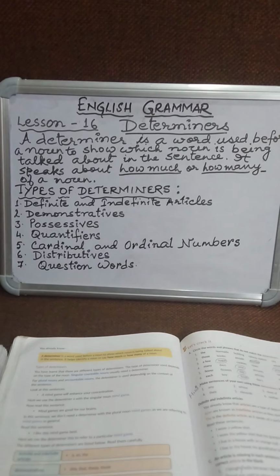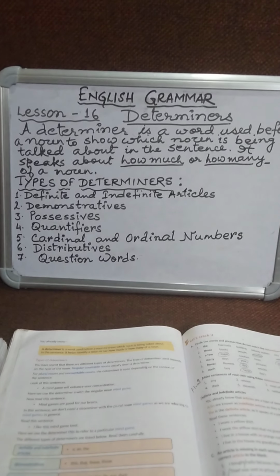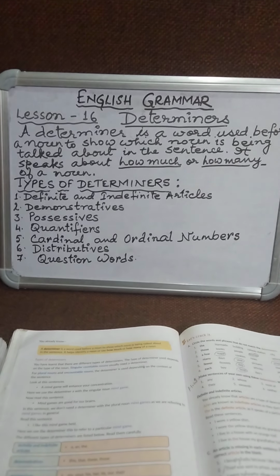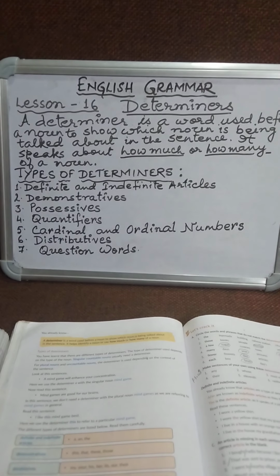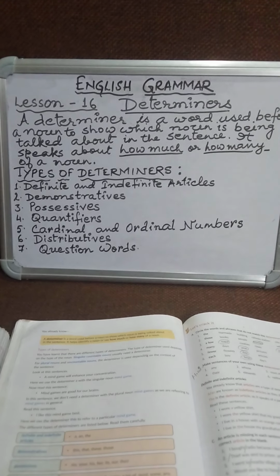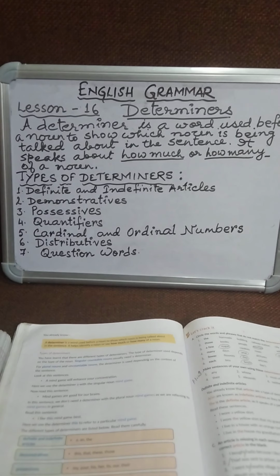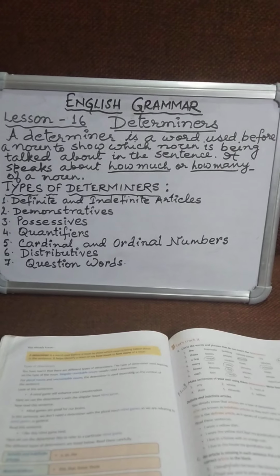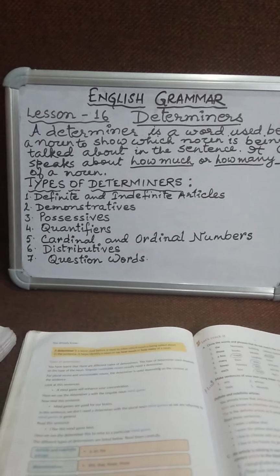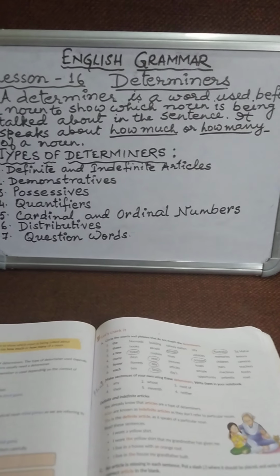These are the following things which come under determiners: definite and indefinite articles, demonstratives, possessives, quantifiers, cardinal and ordinal numbers, question words.